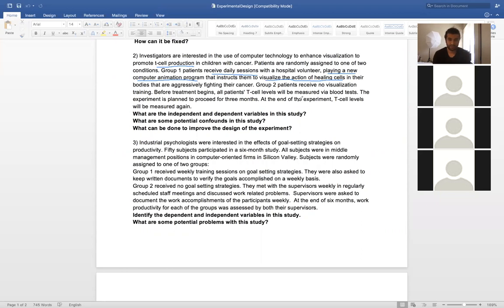Again, if you haven't gone over this worksheet, I highly recommend that you do, because it becomes handy, especially on the test, or for the classes that you're taking in the future.